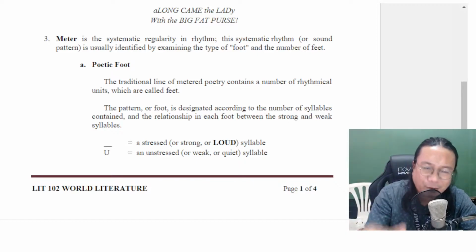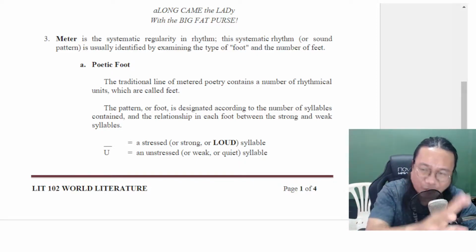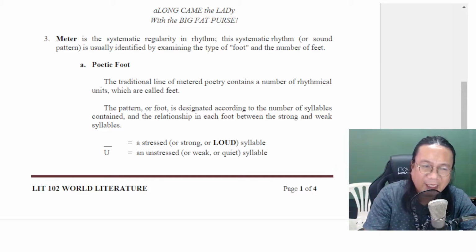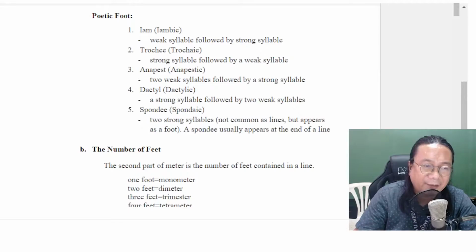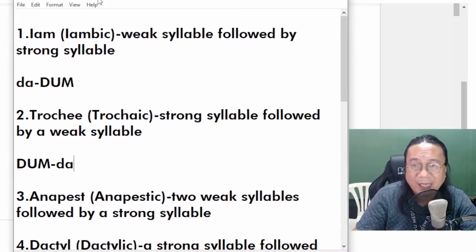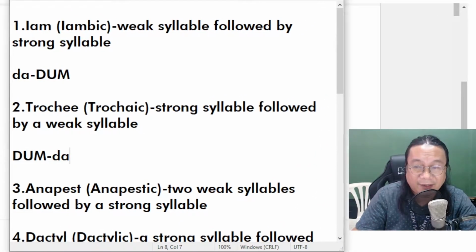And a foot usually has a loud syllable or a strong syllable, and then an unstressed or not so loud syllable, or what we call a weak syllable. There are types of poetic foot that we are going to talk about today. Okay, the first one is what we call the iambic.